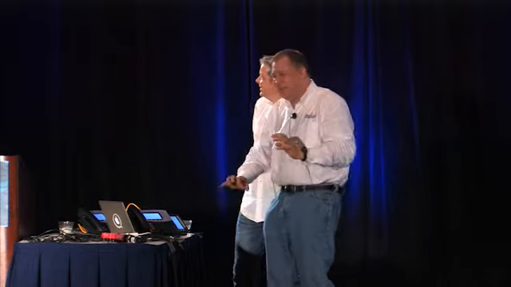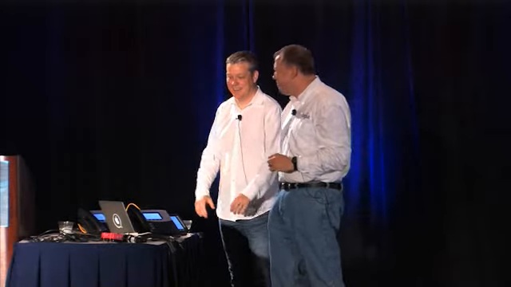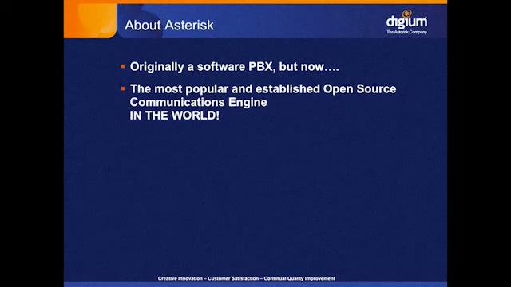It originally started life as an open source PBX, but these days, people in the open source community have pulled it in lots of different directions, and it's now the most popular and established open source communications engine that there is.